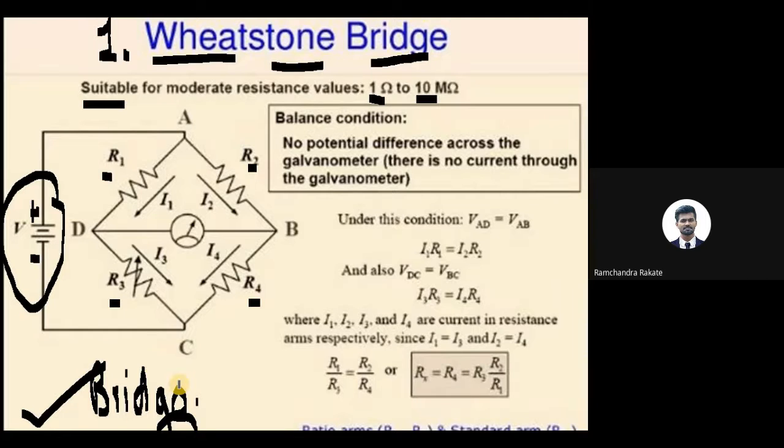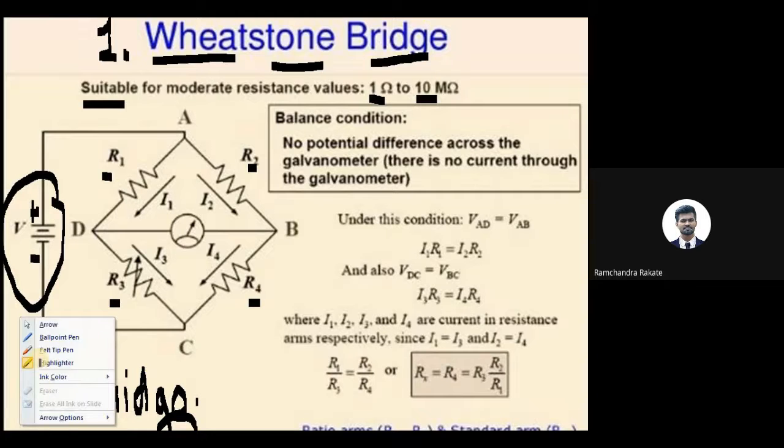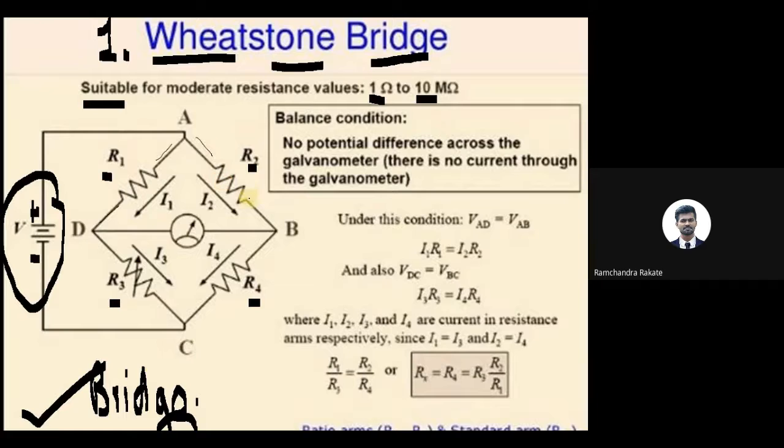It is based on the bridge circuit. Bridge circuit means we have a comparison among all the resistances. It consists of 4 arms of resistance. This is one arm, this is another arm, and likewise the third and fourth.